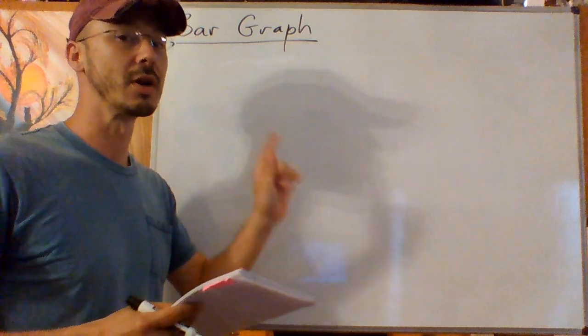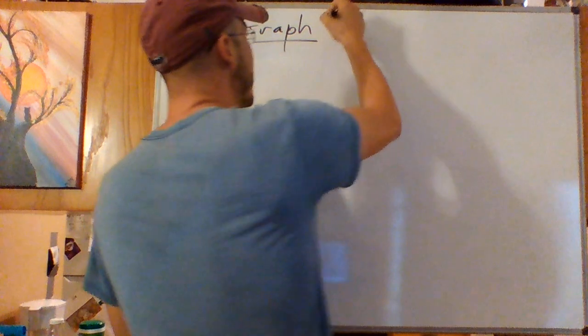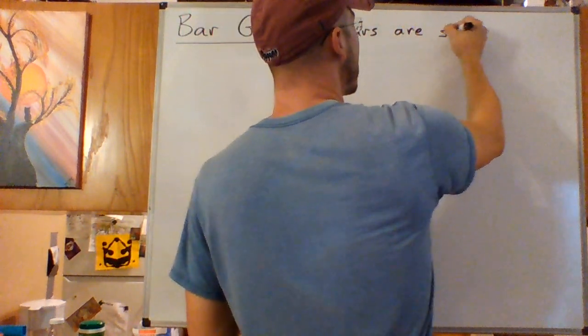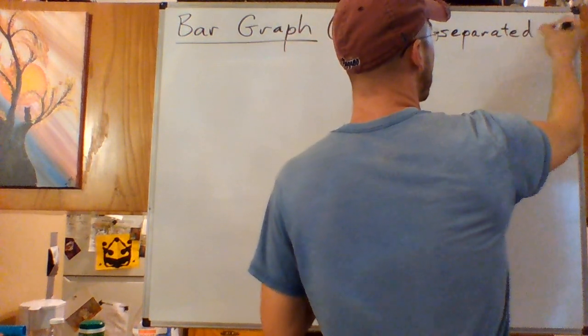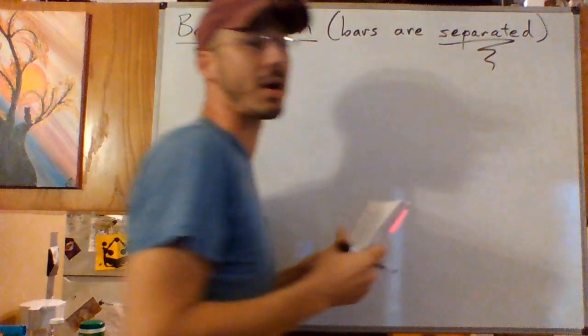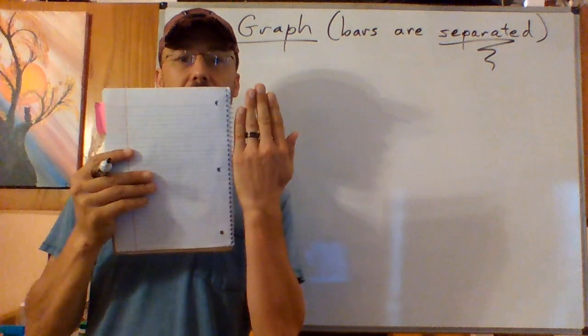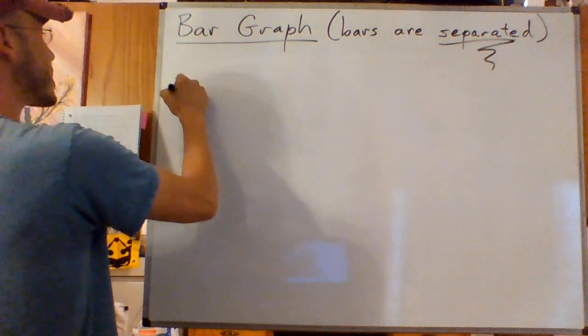They look similar, but what makes a bar graph different is that the bars are separated. Separate bars. So there's a gap between the bars, and you'll see that in my picture.